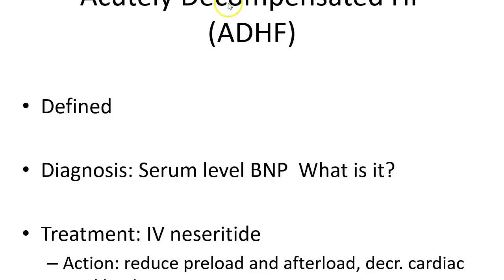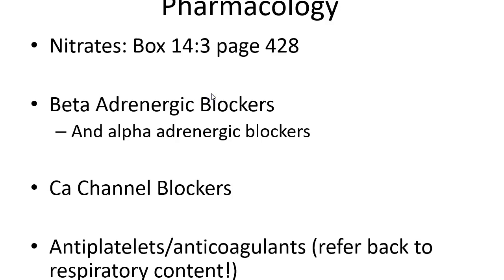Now, moving on to our cardiac pharmacology. Look up all that information that's on page 428 in your book about nitrates, what you teach patients about how we use them, the different ways that nitrates can be delivered: sublingually, with a sustained release tablet, or intravenously. Beta blockers.